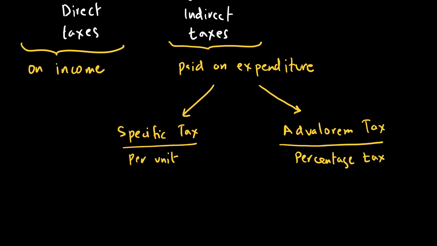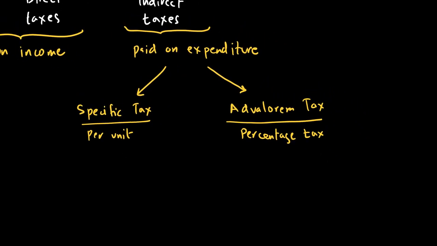An example of this could be, if you are paying a specific tax on a good, then this would be a flat amount of tax, let's say $5. While a percentage tax, or a value added tax, would be a tax of, for example, 10%.